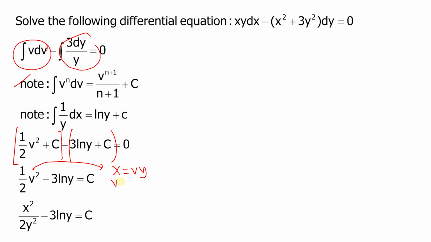So just arrange it, v is equal to x over y. Put that here, and of course it's squared, so that's x squared over 2y squared. Just like earlier with the substitution, we put back here the value of v. So you have x squared over 2y squared minus 3 ln y equal to c.